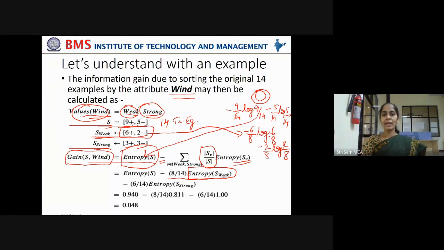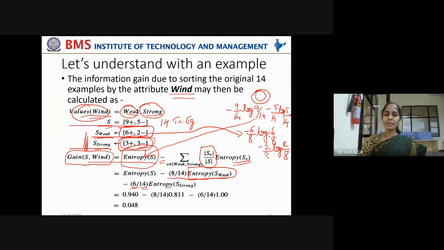In the same way, calculate entropy for wind value as strong, right? So how many of them do you have here? See this part. Number of training examples where the wind value is strong: total examples are 6. That is why you are writing 6 here, divided by the total number of training examples, multiplied by entropy of strong, right?